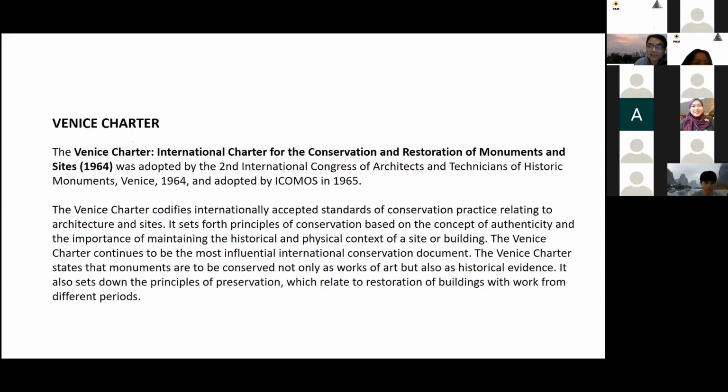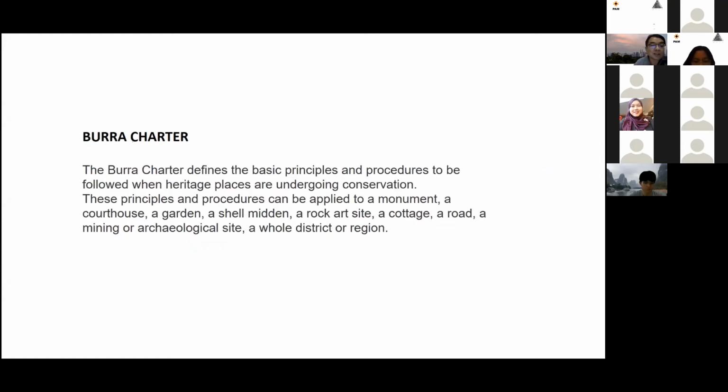So they started this, and it becomes like a Bible to us. This is the main document, and from there a lot of other documents come under it. So there you go, the Burra Charter defines the basic principles and procedures we follow when heritage places are undergoing conservation. What you need to do and all that.